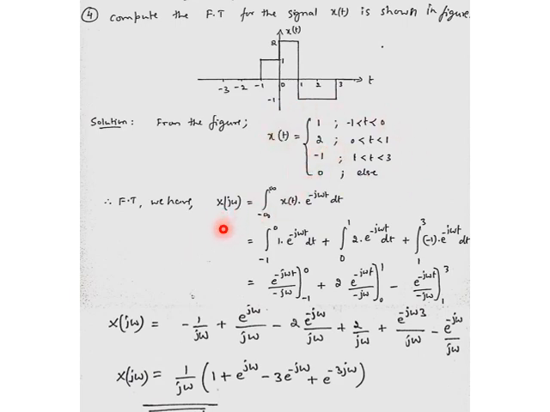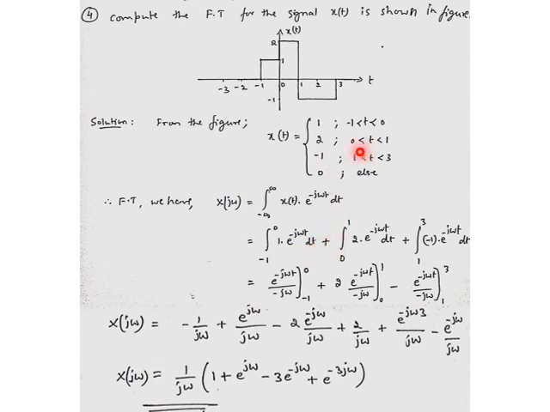So as per the Fourier transform equation, we have x of j omega is equal to integration minus infinity to infinity x of t into e to the power minus j omega t dt. So I'll substitute the ranges. For minus 1 to 0, we have x of t equal to 1, into e to the power minus j omega t dt.